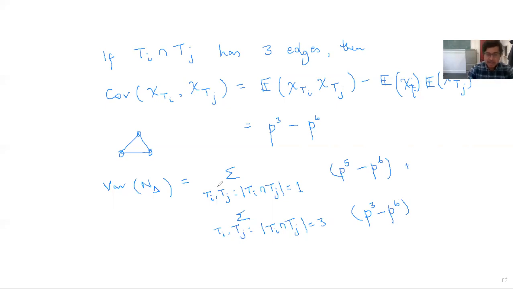Okay, so it doesn't matter where these triangles are sitting in the complete graph, so long as they have one edge in common, the covariance is the same. Likewise, if they have 3 edges in common, the covariance is the same. All this is reflecting is that each edge is present with the same probability p. Good, so this is a formula for the variance of the number of triangles.